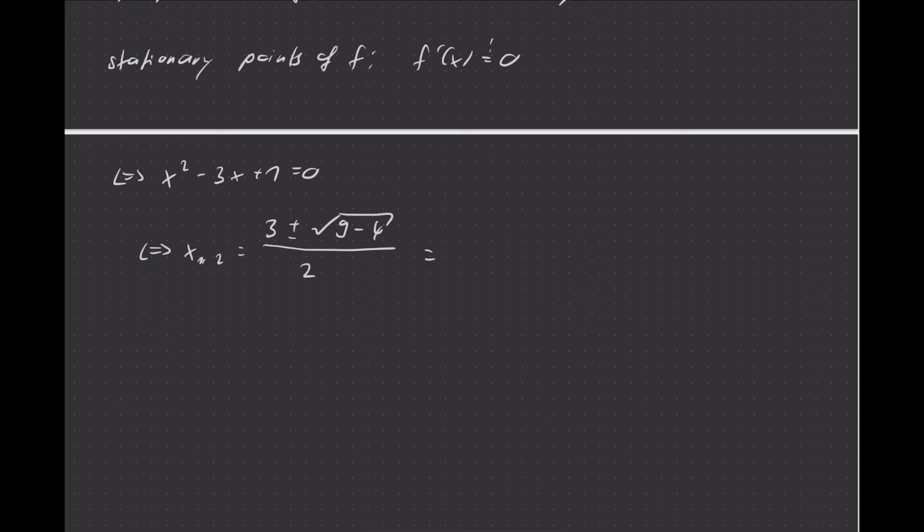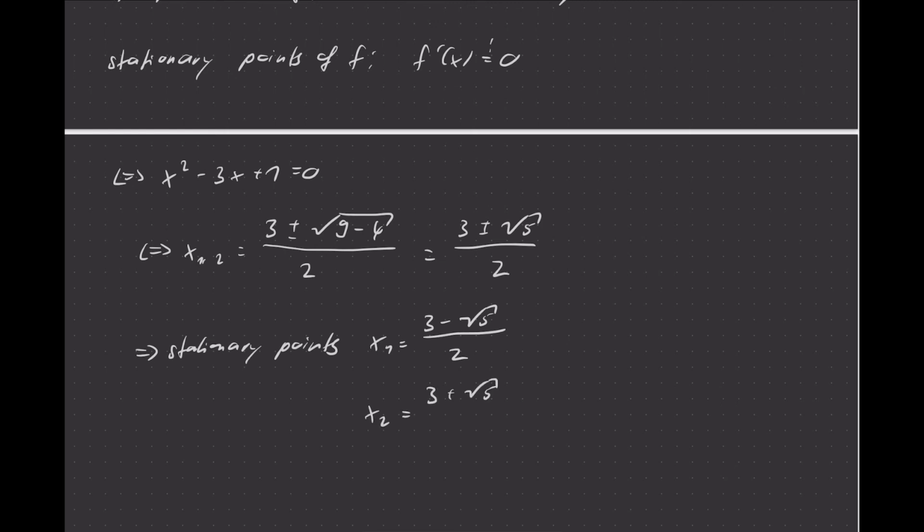So what we get is 3 plus or minus the square root of 5 over 2. And that means stationary points. Let's order those such that the first one is the lower. So we have x1, which is equal to 3 minus the square root of 5 over 2, and we have x2, which is equal to 3 plus the square root of 5 over 2.